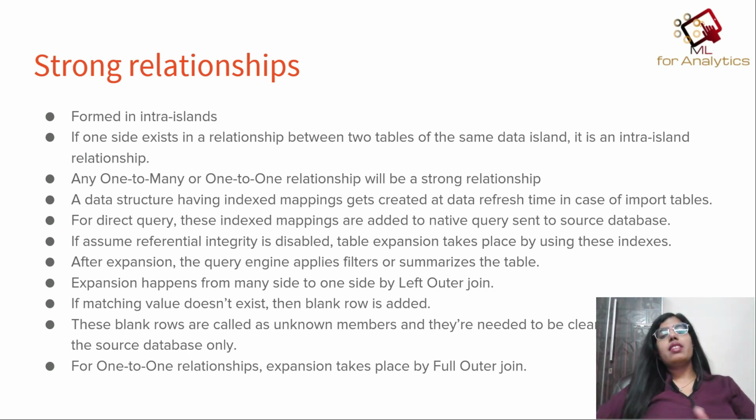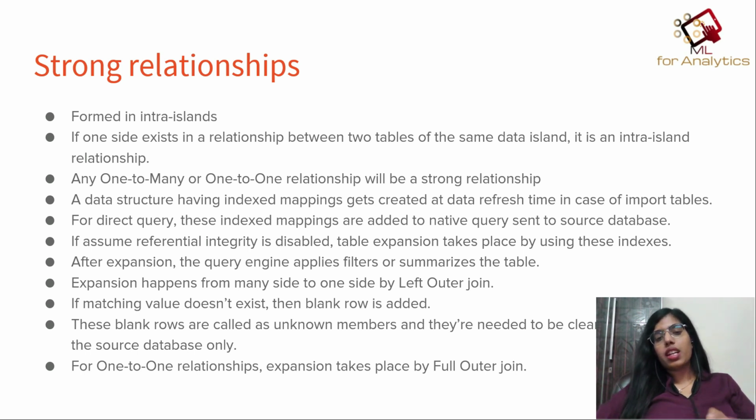So next, in case of strong relationship, whenever we are hitting refresh on Power BI and our data model is refreshing, and if I talk about import mode first, then in that case, what happens is that our data structure having index mappings between the two related tables is going to be created. So why are these index mappings created?